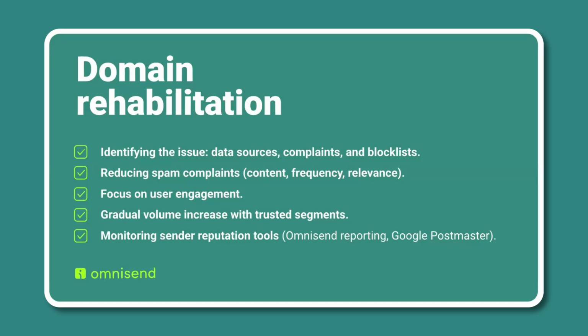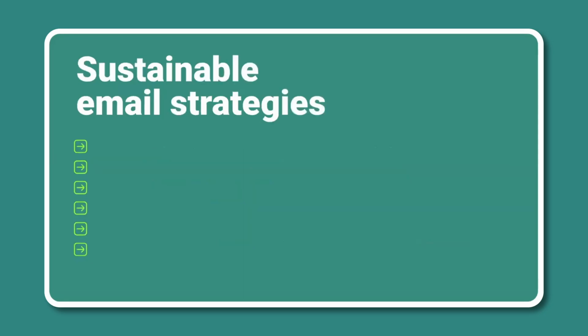Start small from your most engaged audience, and then build up the volume over time until you reach the desired audience. That will be the best way to rehabilitate your domain reputation if you have issues with it.